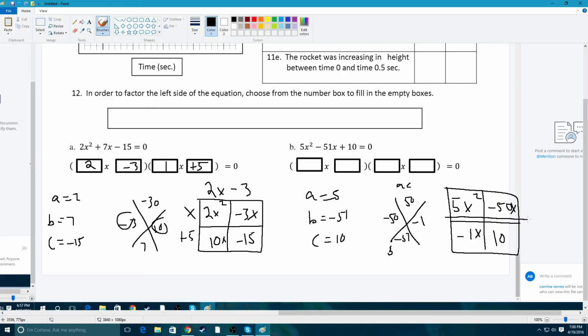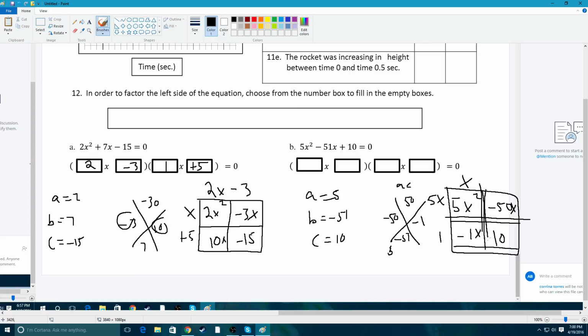Okay. GCF of 5x² and -50x would be 5x. GCF of -1x and 10, that's going to be a 1. GCF of 5x² and -1x, that's just going to be an x.